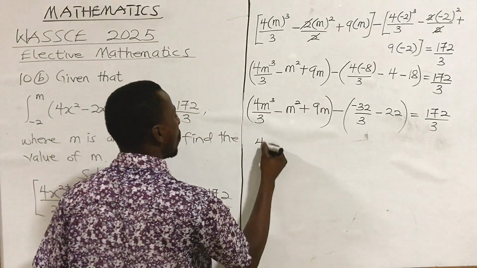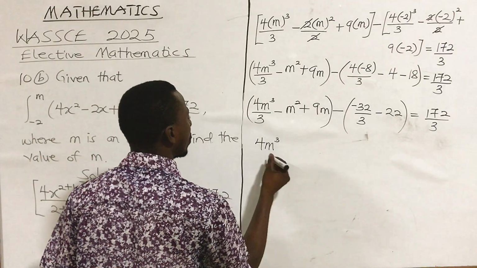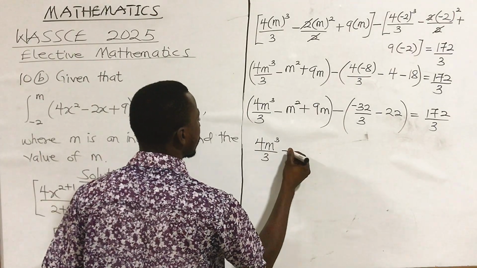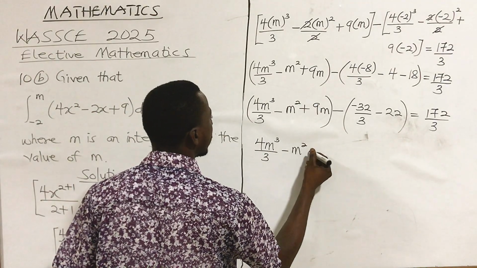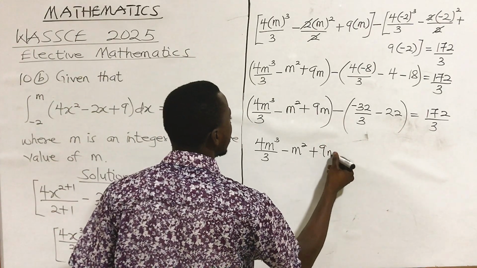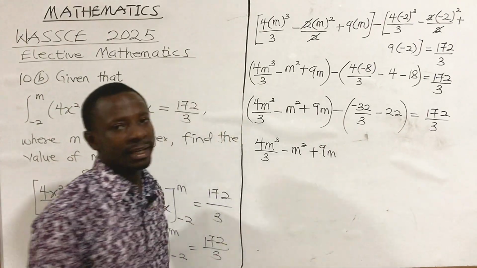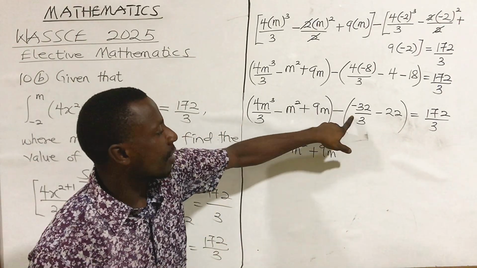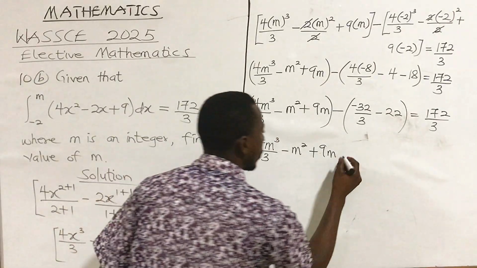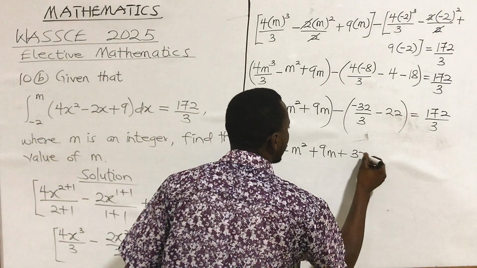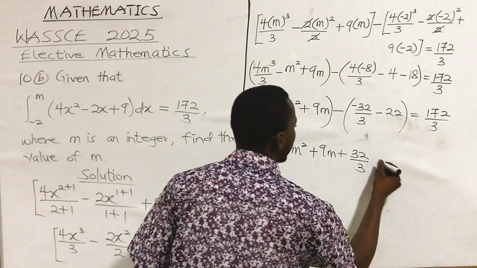So we have 4m cubed all over 3 minus m squared plus 9m. And here, the negative will affect the first one, so we have positive 32 over 3.